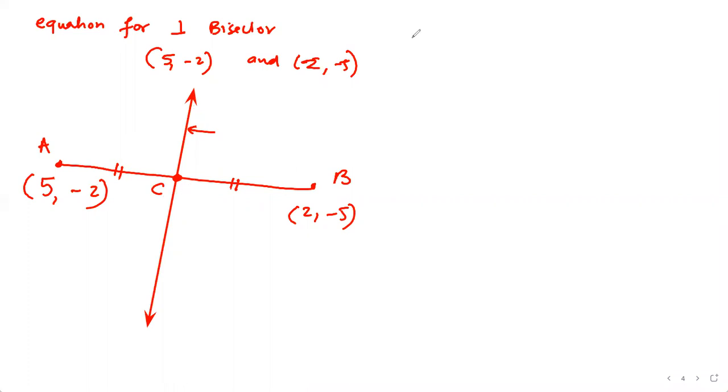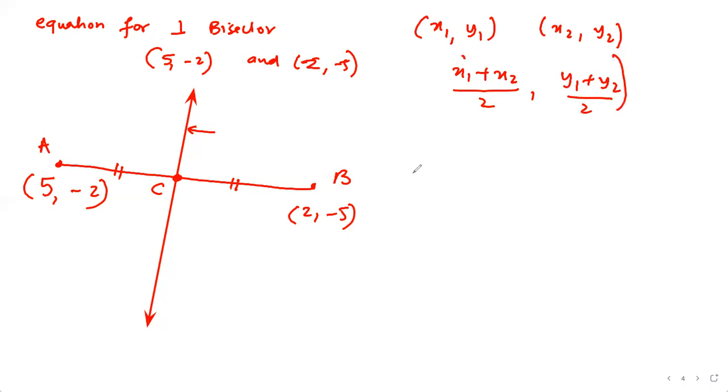Now there is a formula for the midpoint. If you have two coordinates x1, y1 and x2, y2, the midpoint of this segment is given by x1 plus x2 over 2 comma y1 plus y2 over 2. So this is the midpoint of any two points.